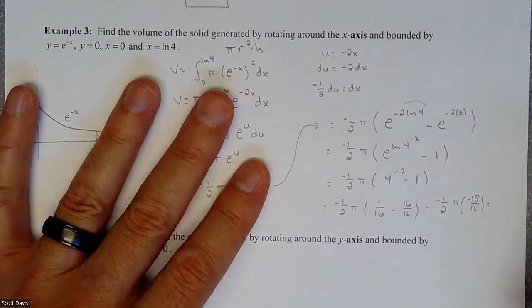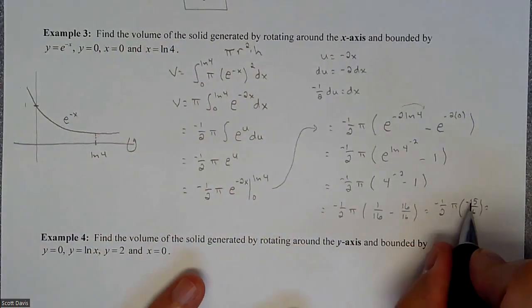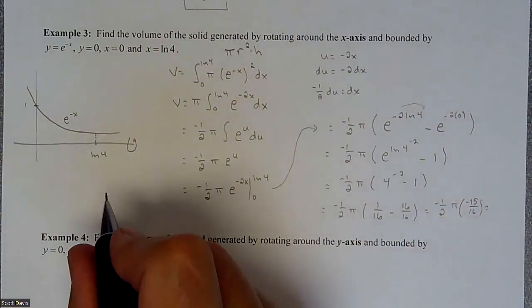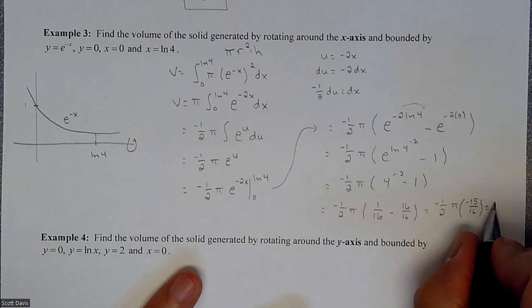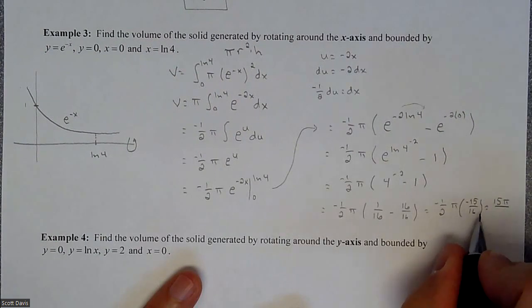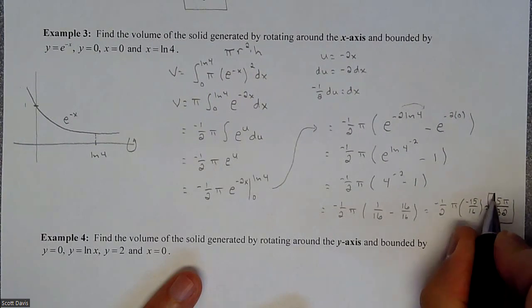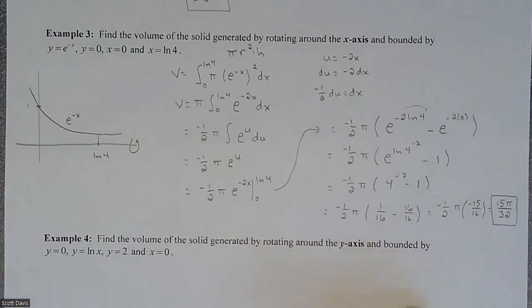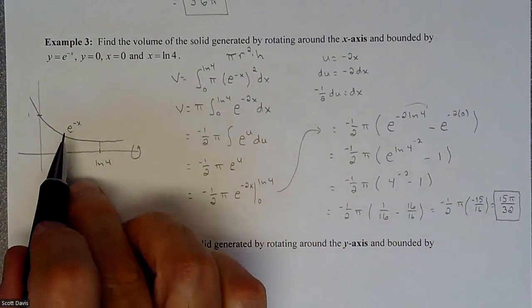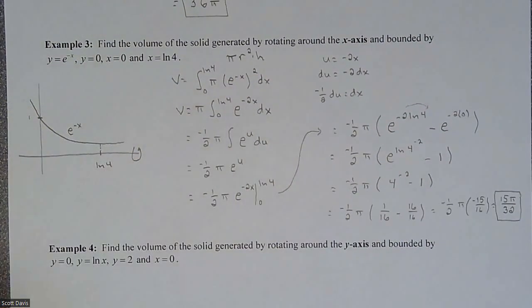And if I put that together, a negative times a negative is going to cancel, which is good because I should have a volume that's positive. And so it's 15 pi over 32 is my volume. All right. So that was finding a volume rotating around the x-axis of some sort of an exponential decay type of problem.